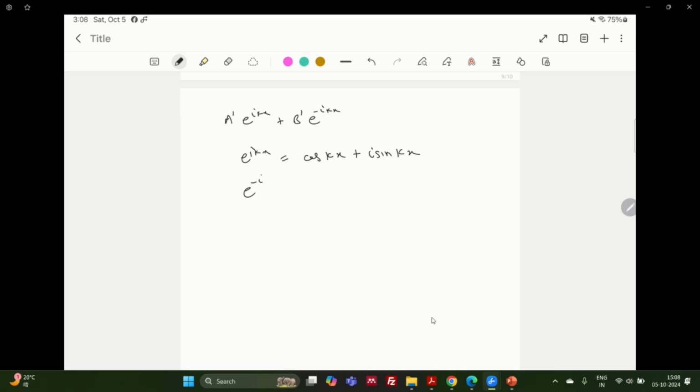E to the power minus iota kx will be cos kx minus iota sin kx. You multiply this with a dash, and this with b dash. Now sum these up. What will be the summation? A dash plus b dash times cos kx plus a dash minus b dash times sin kx.